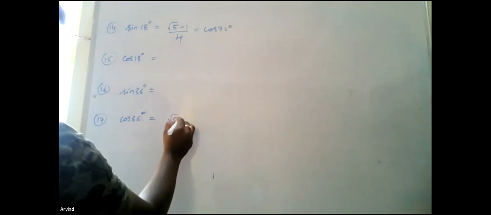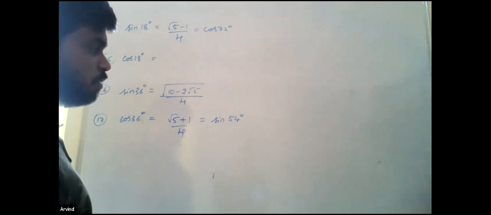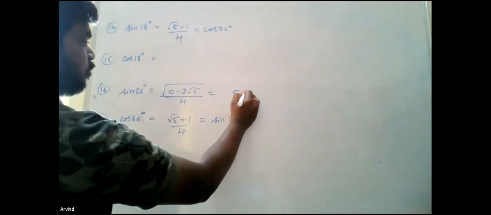Sin 36 is root of 10 minus 2 root 5 by 4. See these values, you can derive them, but you should memorize them. Cos 36 is root 5 plus 1 by 4, which is equal to sin of 54, since 36's complementary is 54. Since it is cos, we take sin.